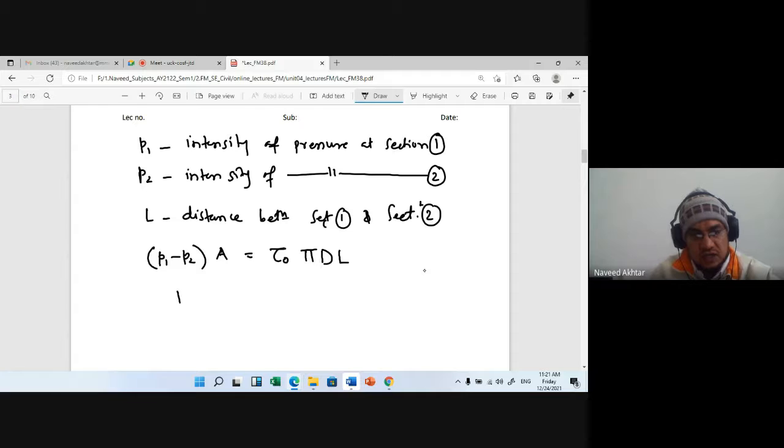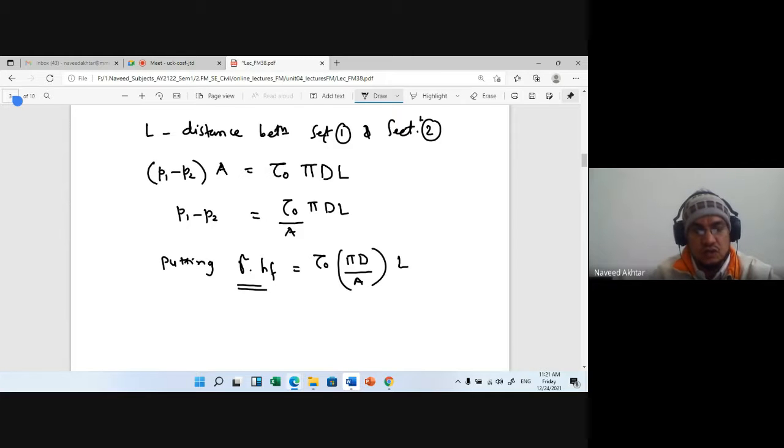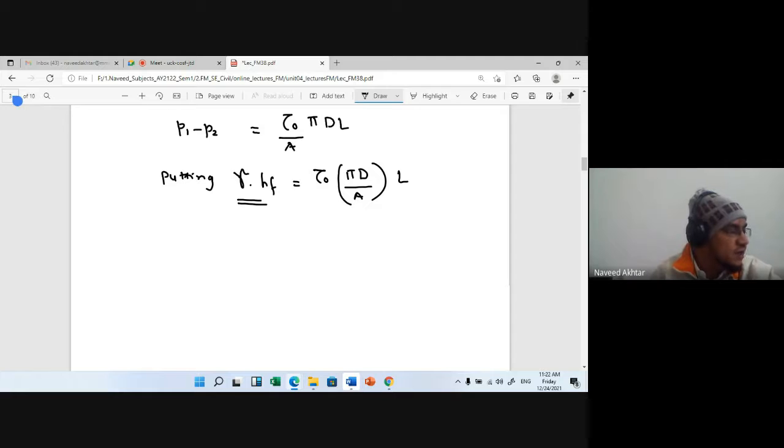If I write down in terms of pressure only, it will be tau 0 upon A into pi D L. So gamma into HF is equal to tau 0 pi D upon A into L. This is the pressure difference between the two, and HF is the head loss.